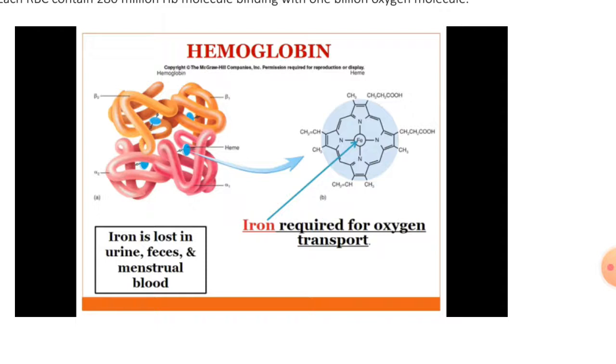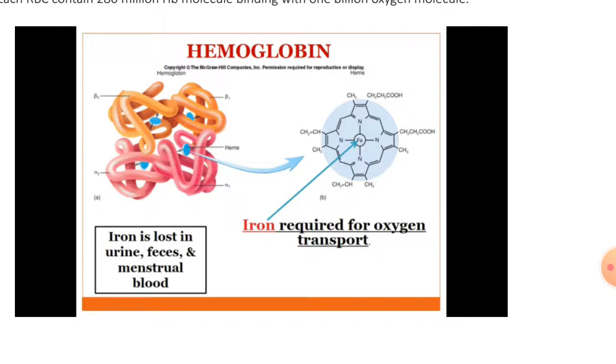The hemoglobin also plays an important role, not only transporting oxygen, but also carbon dioxide. It can pick up the carbon dioxide from the tissue and transport it to the lung in order to be exhaled.